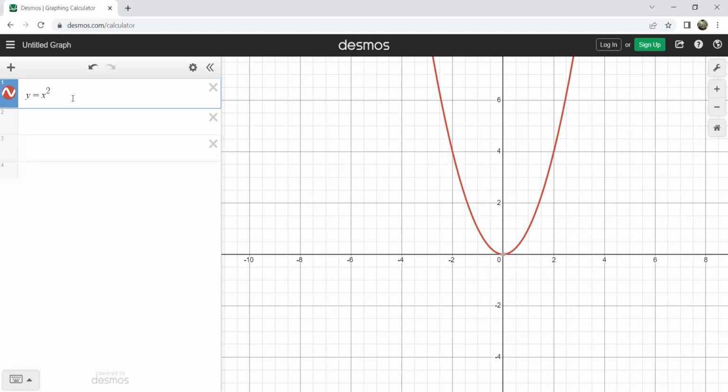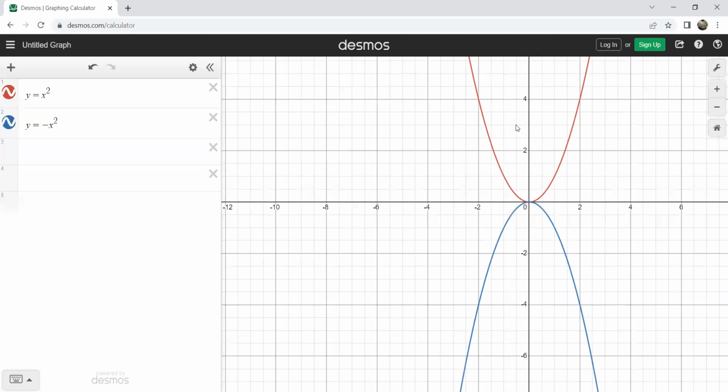What I'm going to do, I'm going to put a negative sign in front of my x squared. Ooh, what happened? So your y values here are all positive. Am I right? But if I put a negative sign in front of your y value, which is x squared, all y values become negative. The zeros stay the same.